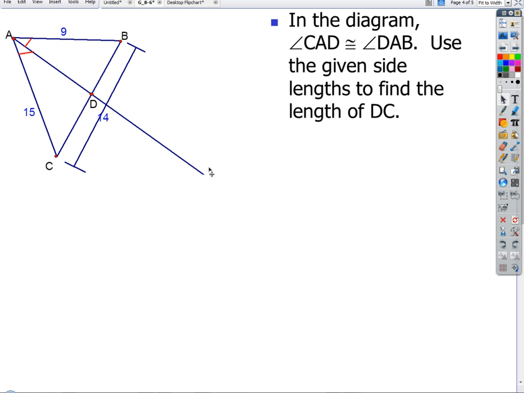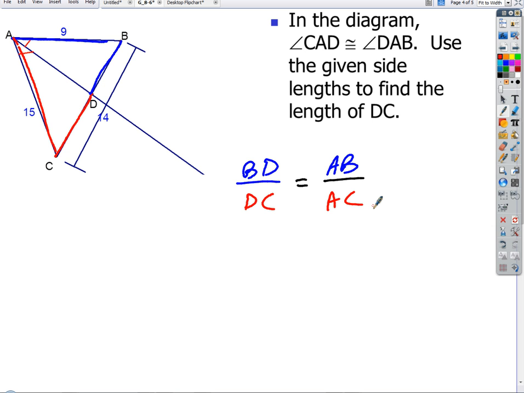So the ratio of, for example, BD over, say, over DC would equal what? AB, good, over AC, okay, good.